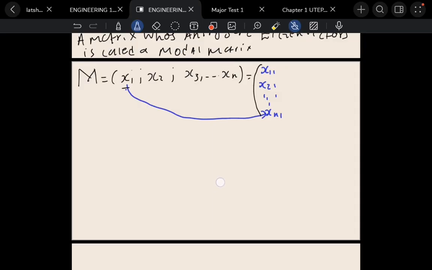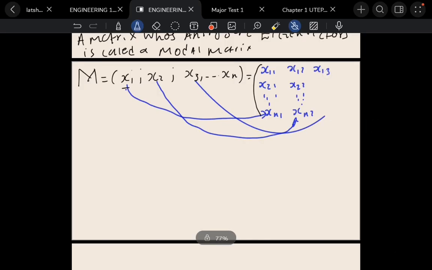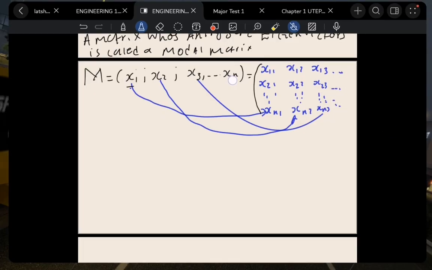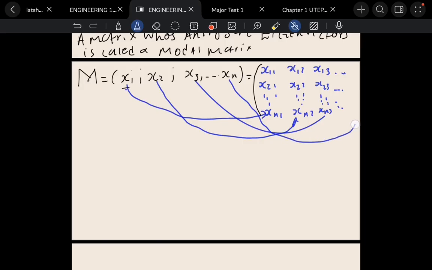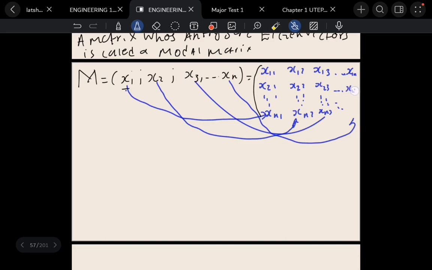Column 2 is for x2, so I'm going to have x12, x22 until you get xn2. The third column is for the third eigenvector, which is going to be x13, x23 until xn3, and then the last eigenvector will be x1n, x2n until you get xnn.